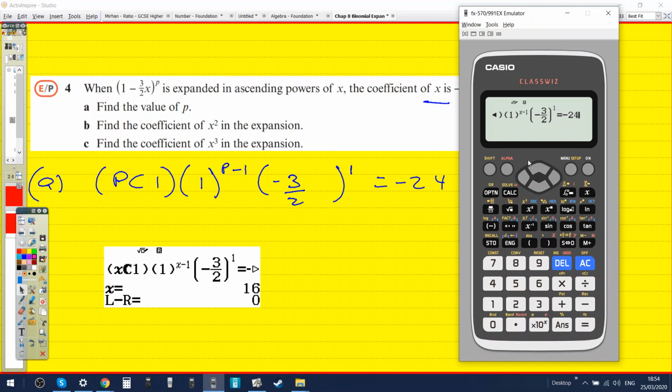Did you do equals minus 24? Yeah. Shift. I think I did it the same. Yeah. So shift calc for solve and put in some initial value for x. So you could use 7, you could use 3. Just pick some. I'm just going to redo it quickly. Okay.